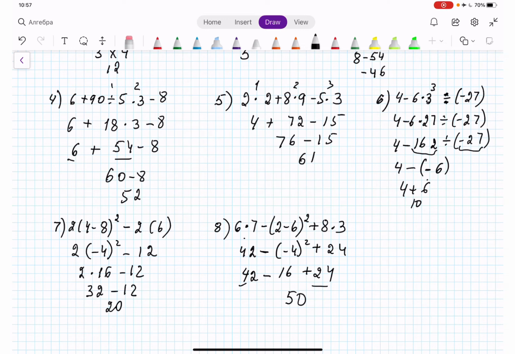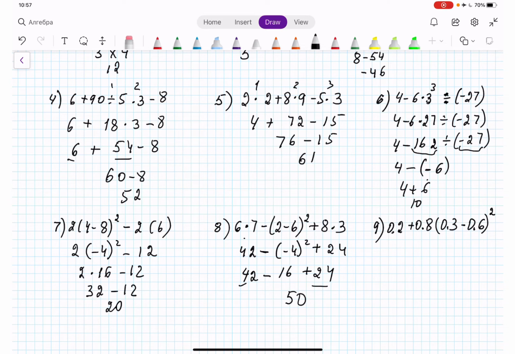Okay. Number 9 question. So what do we have here? 0.2, okay, we need to do order of operations based on decimal notation, plus 0.8 times 0.3 minus 0.6 squared.